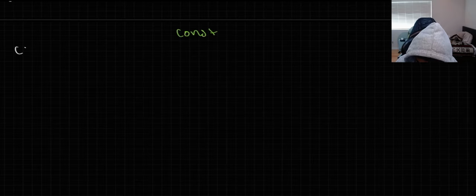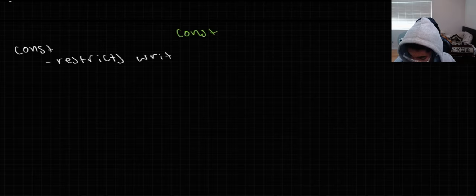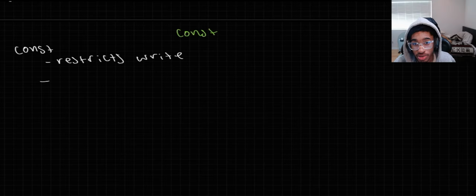Alright guys, this topic is going to be on the const qualifier. So for starters, const usually just restricts writing. It just restricts the write access path. You can still read from it. And when you use a const as an initializer for a non-const object, you're usually just getting a value copy.